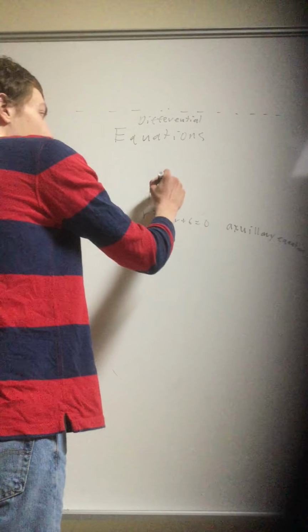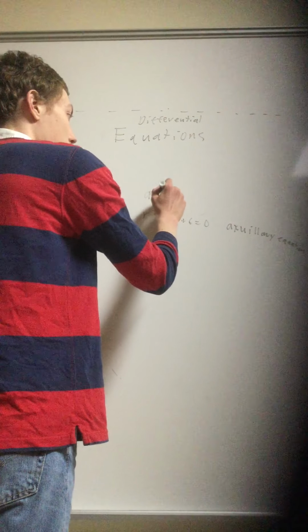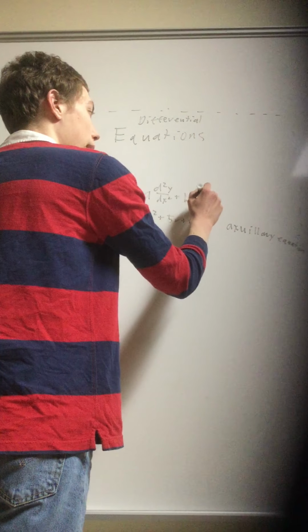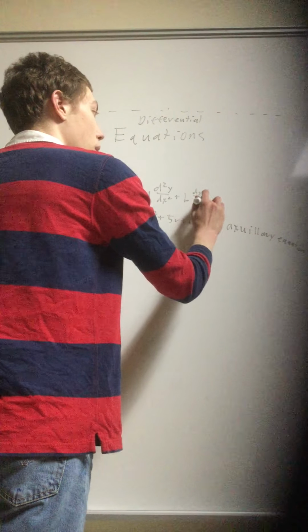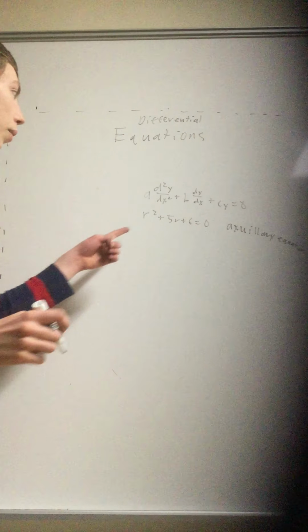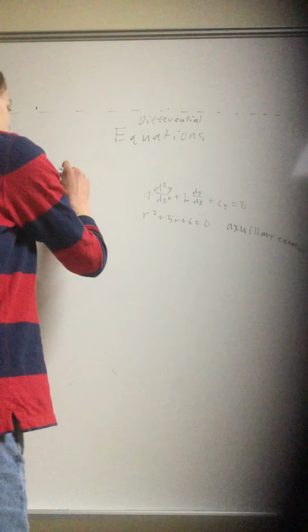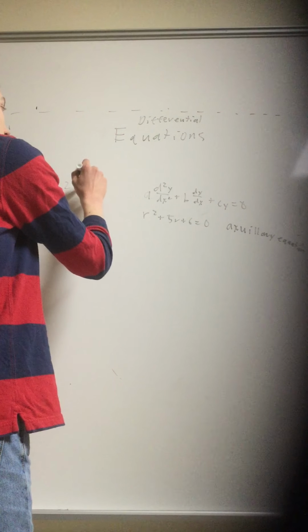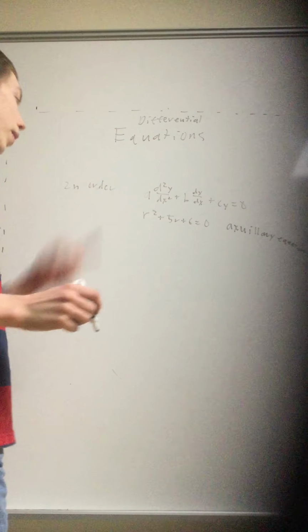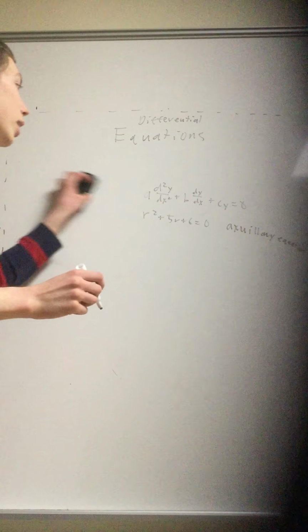a d squared y over dx squared plus b dy over dx plus cy equals 0. We're dealing with second order. For now, we're just going to talk about second order, and then all that other stuff, constant, coefficient, homogeneous differential equations.